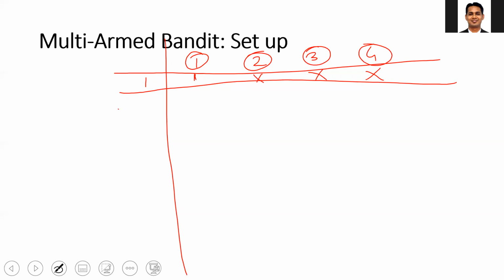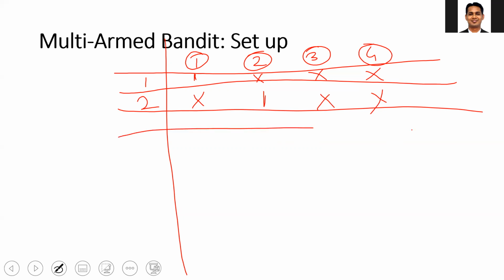Now let's go to the second attempt, and let's select arm 2. You check what reward you get, and say you got a reward of 1.